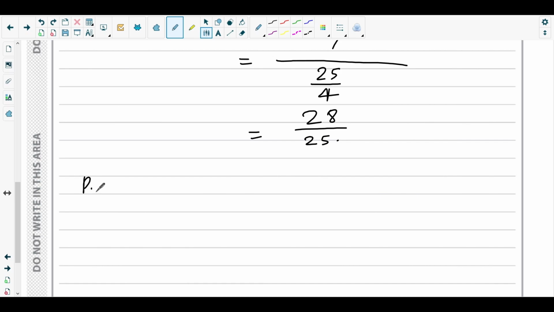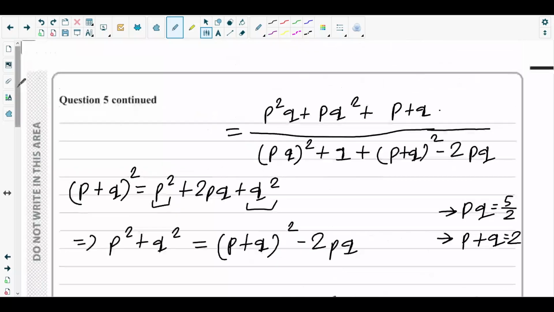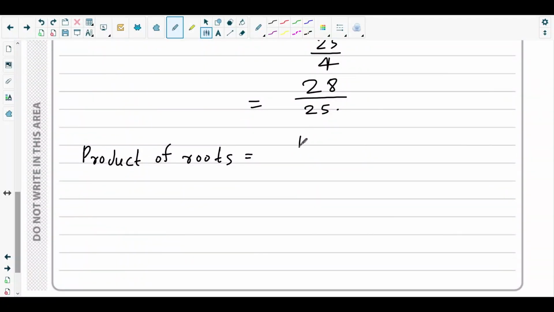Now, the product of roots. The product of roots is p over (p squared plus 1) times q over (q squared plus 1).